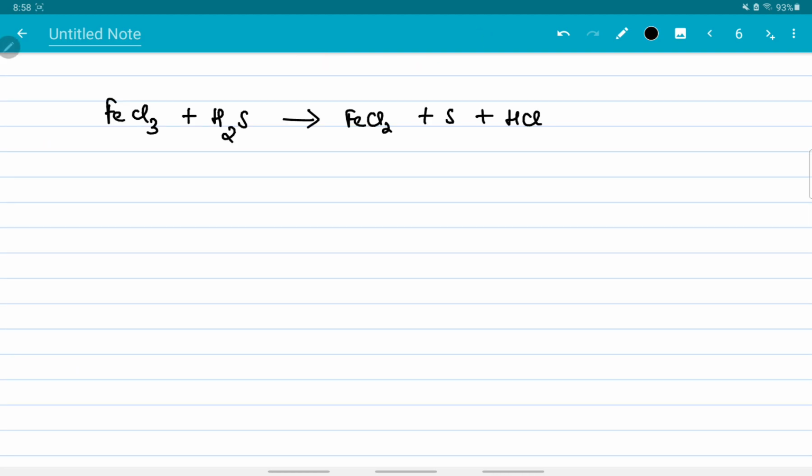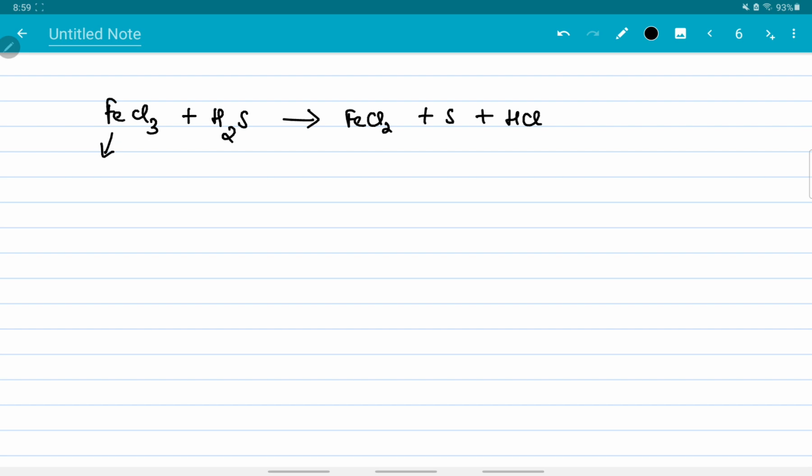Okay, so here comes our equation. Now our very first step is to identify the elements that are undergoing oxidation and reduction. How will we do that? For that we have to find the oxidation numbers. Let me first check for iron over here.